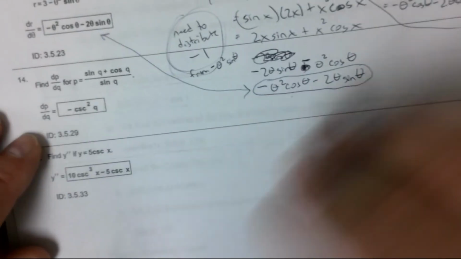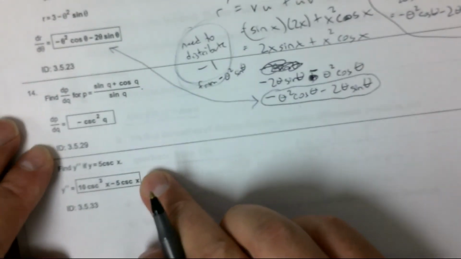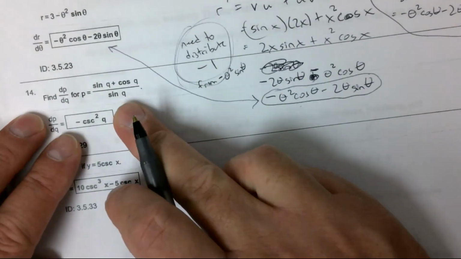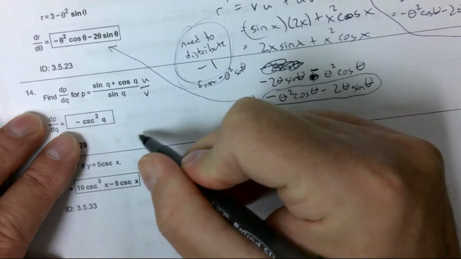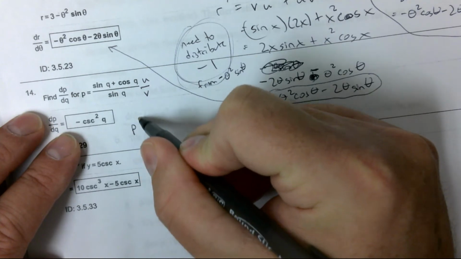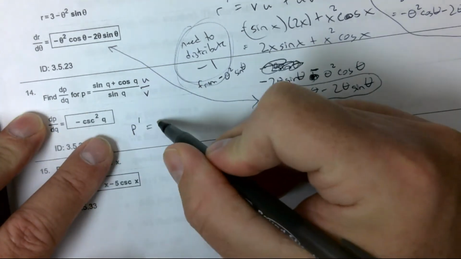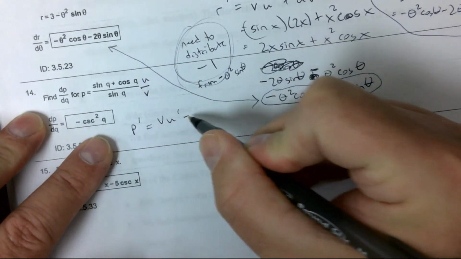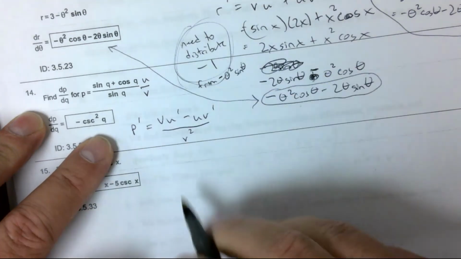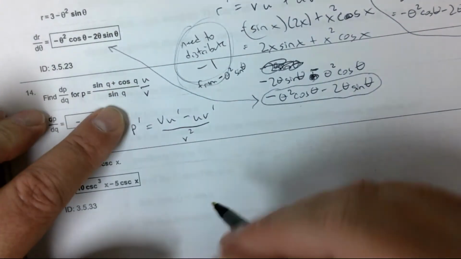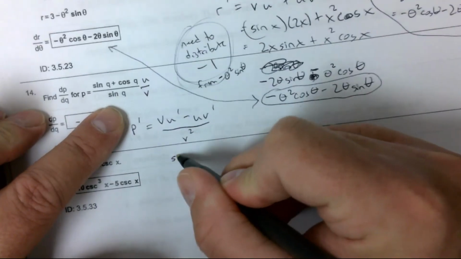Okay, so now number 14. This one we have the quotient rule. So for p prime, it's going to be v u prime minus u v prime over v squared. Our v is sine of p.